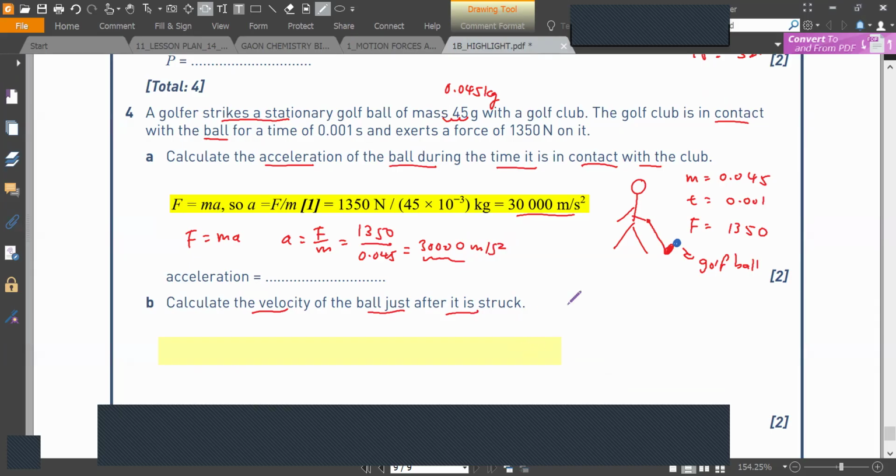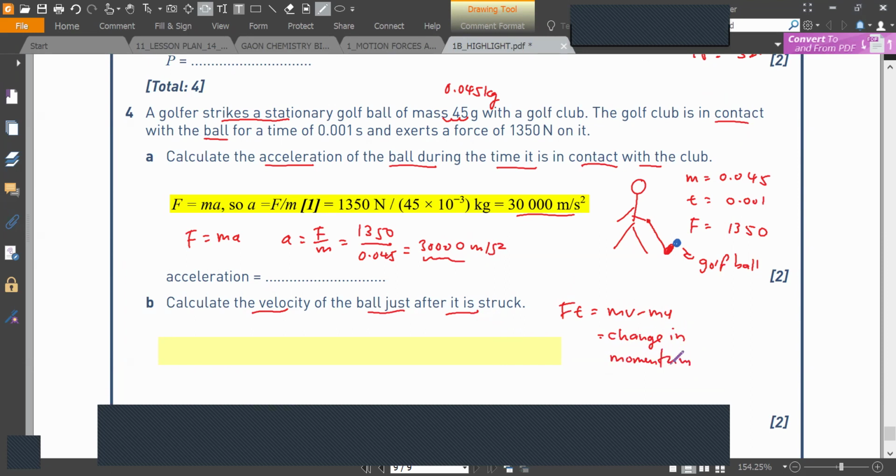For this situation, we will use this formula: Ft equals mv minus mu. Basically, Ft is equal to the change in momentum.